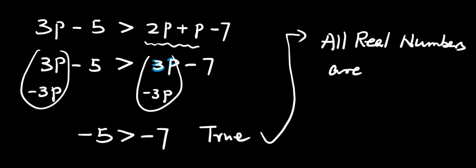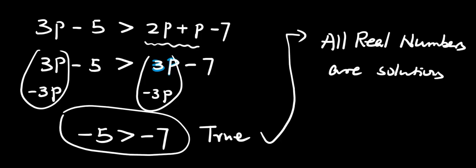All real numbers are solutions. Why? Because negative 5 is greater than negative 7. That's true. A little bit strange, right? Let us practice a little bit more, and I'm sure you'll be so good at this.